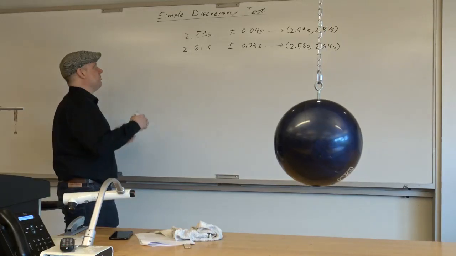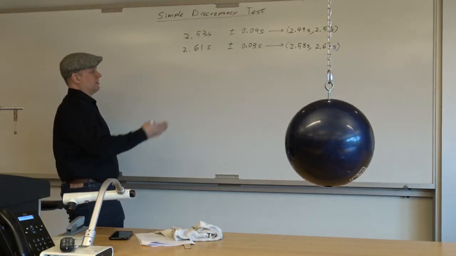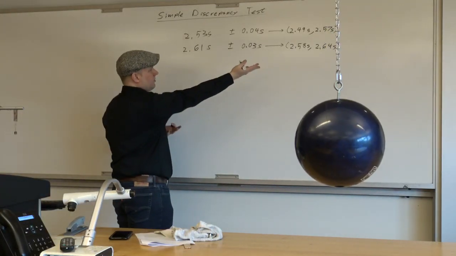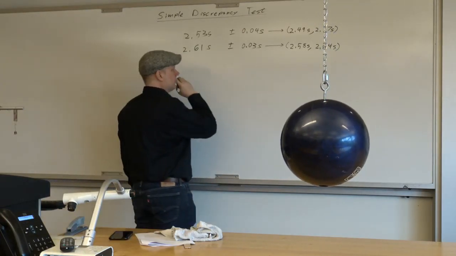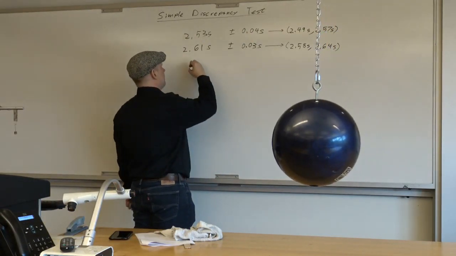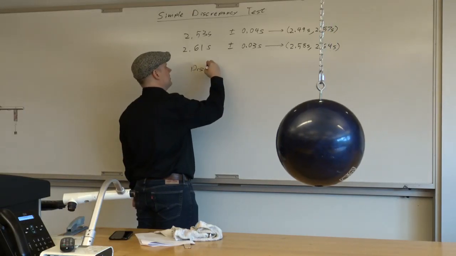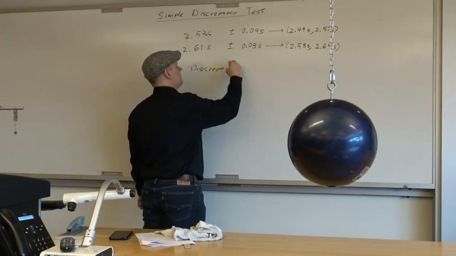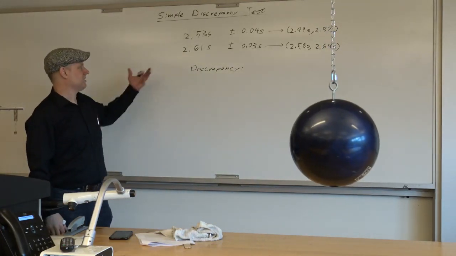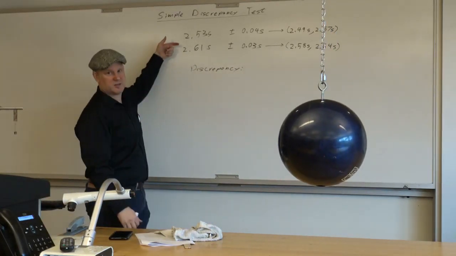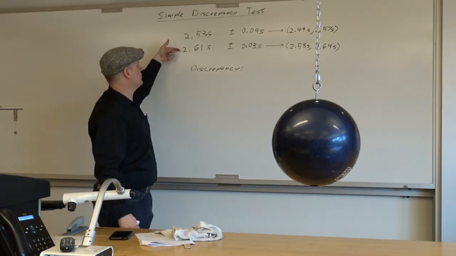The way that we're going to do this with a simple discrepancy test, and if you like to do interval notation, if that's how you want to do it, that is fine, but there's another way as well, and that's going to involve doing two things. One is we're going to find the actual discrepancy between these two measurements. This is why it's called the simple discrepancy test, because this is what we're looking at. Discrepancy simply means, how different are these two numbers?